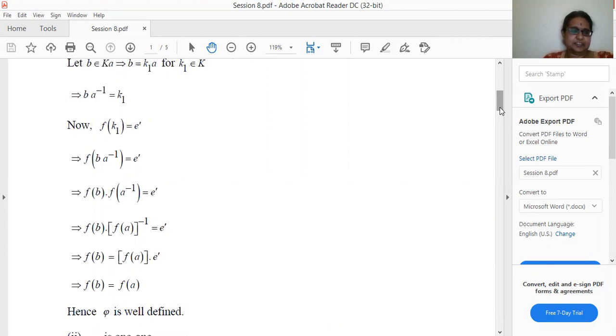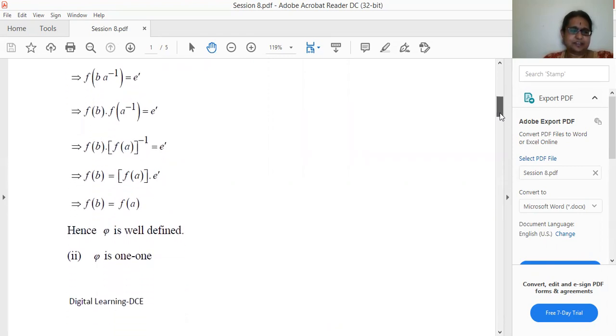When A belongs to G, F of A belongs to G dash. So F of A dot E dash, an element multiplied by its identity element, gives back the element itself. So we are getting F of A. So F of B is equal to F of A. Hence, the mapping phi is well defined.